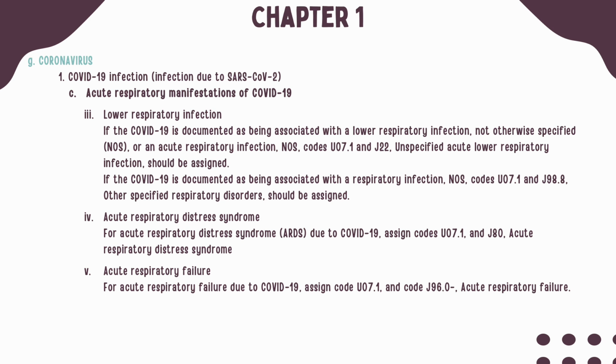For acute respiratory distress syndrome, or ARDS, due to COVID, that is documented, assign code U07.1 and J80. If acute respiratory failure is due to COVID, you will assign U07.1 and a code from subcategory J96.0.